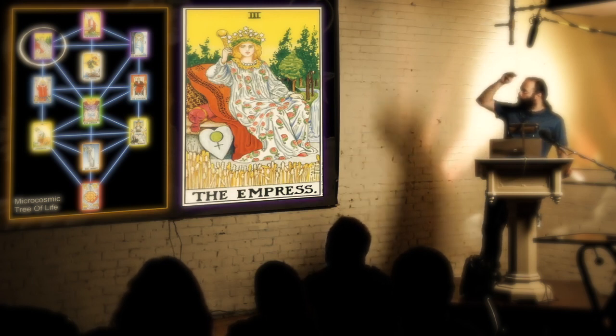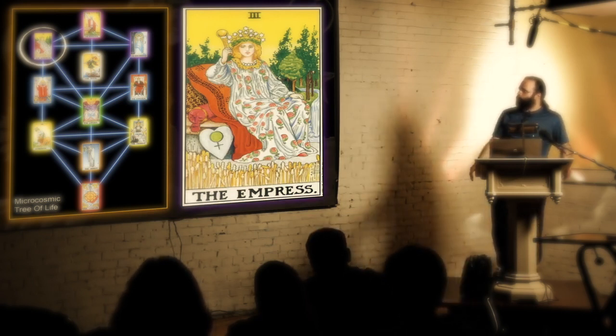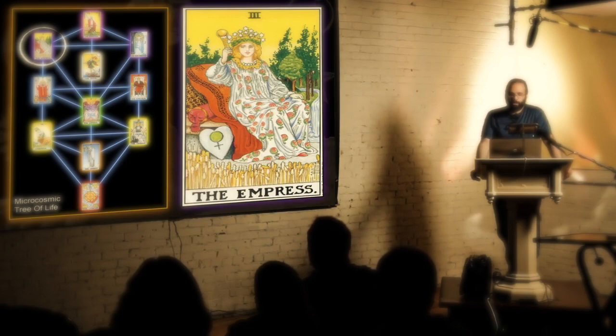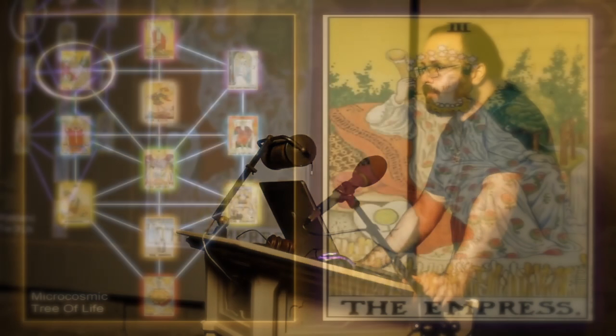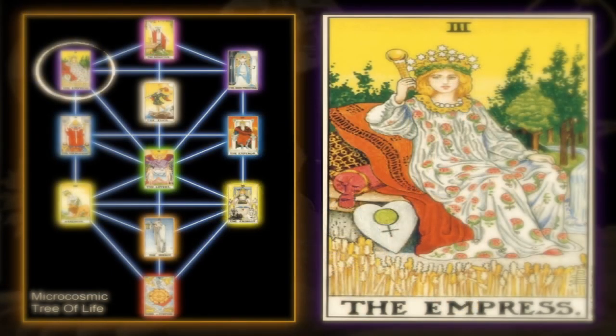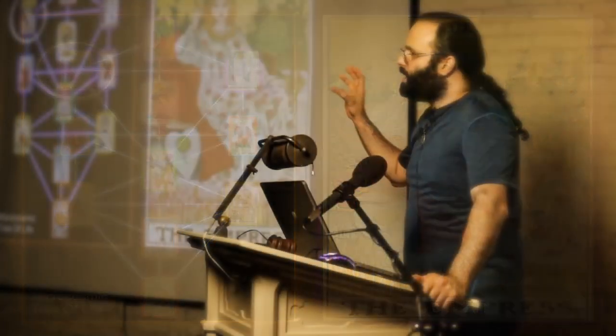We're coming up now to the next chakra, which is the third eye chakra, representing true intelligence. So we have a feminine aspect to that and a masculine aspect to that on the two sides of the tree, respectively. The Empress is at the top of the feminine side of the microcosmic or soul tree of life, the personal aspects of the tree of life. This is the Binah Sephirah, and Binah means understanding.